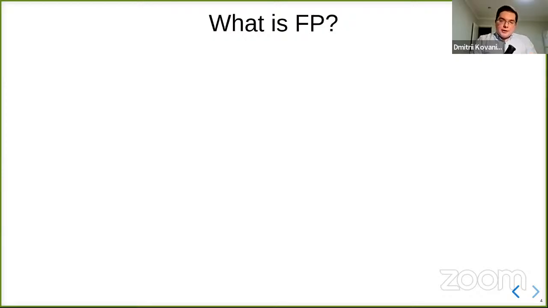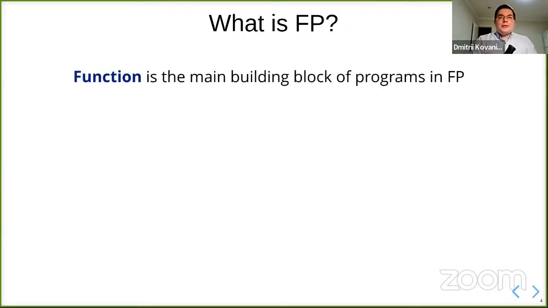So what is functional programming? There is no standard definition accepted by everyone. There are very vague different definitions, but the main point of functional programming is the focus on functions. The function is the main building block of functional programming.